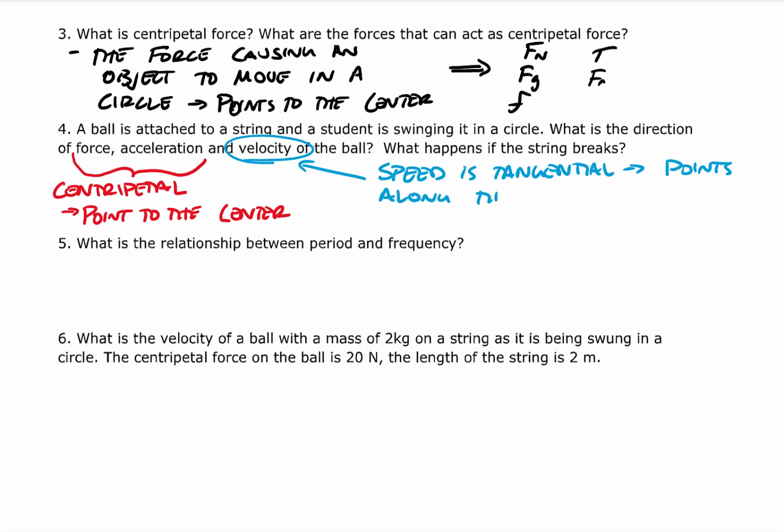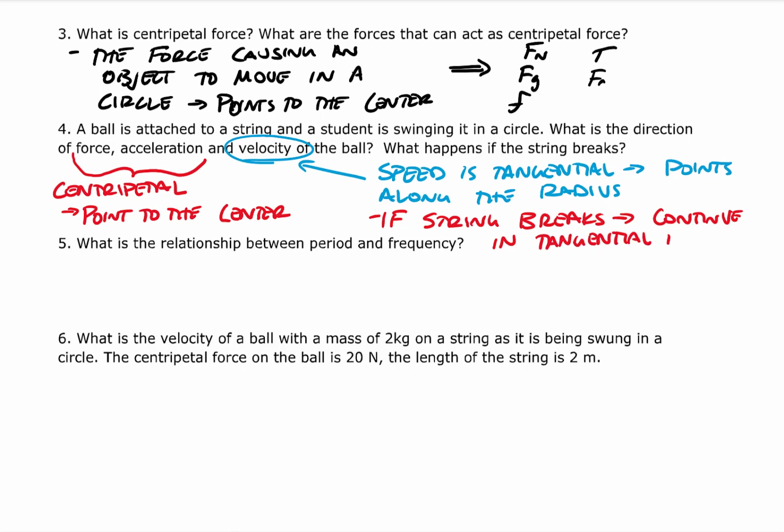That points along the radius. If the string breaks, we will continue in that tangential path. So whatever direction that tangential velocity is, that's the way that we're going to go.